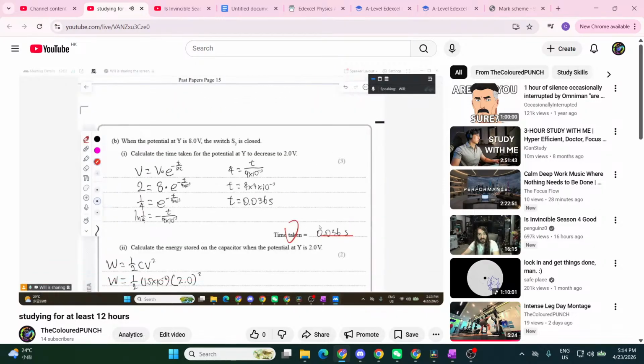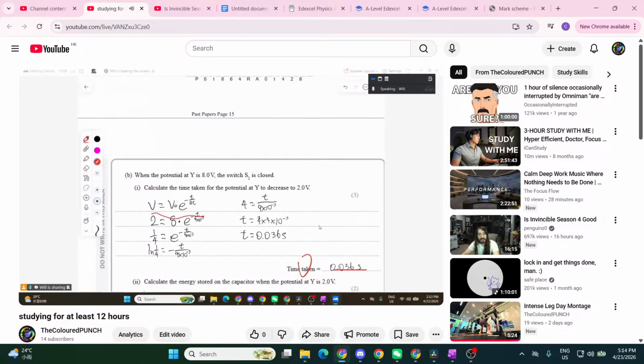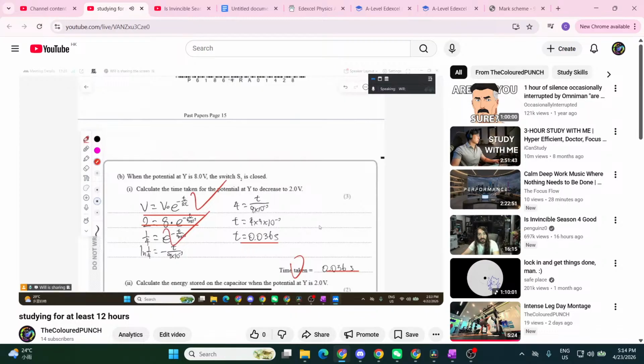You use the formula right, but the substitution is 4, right? Why is your answer different from the mark answer? The right answer for T is 5.6 times 10 to the negative 3 seconds.